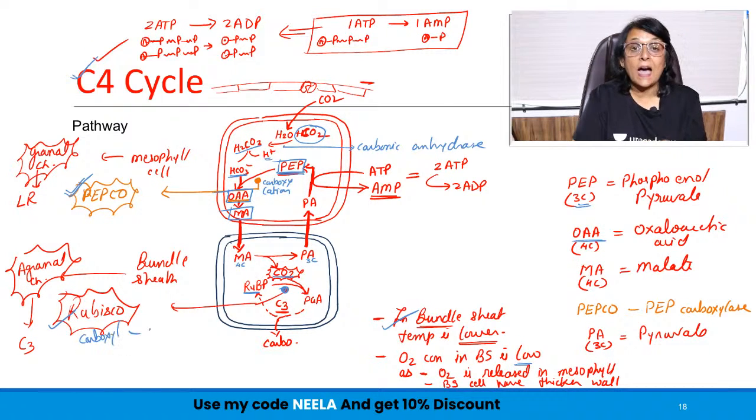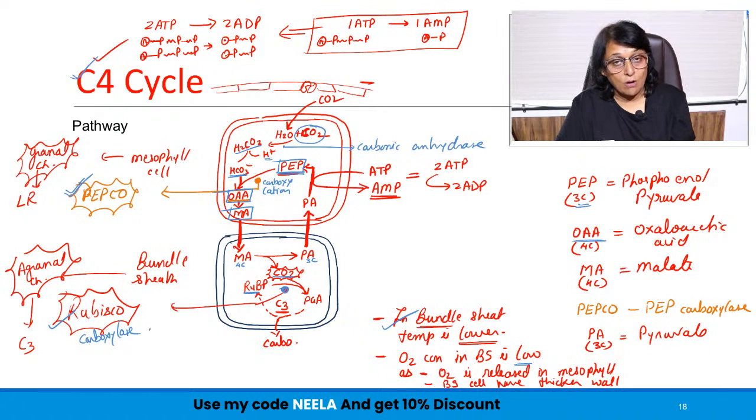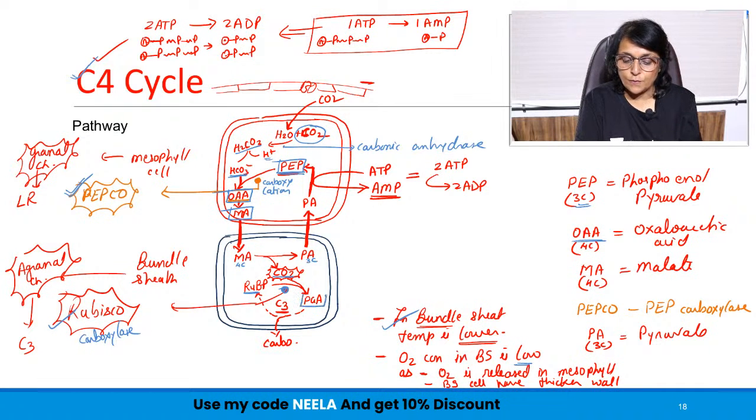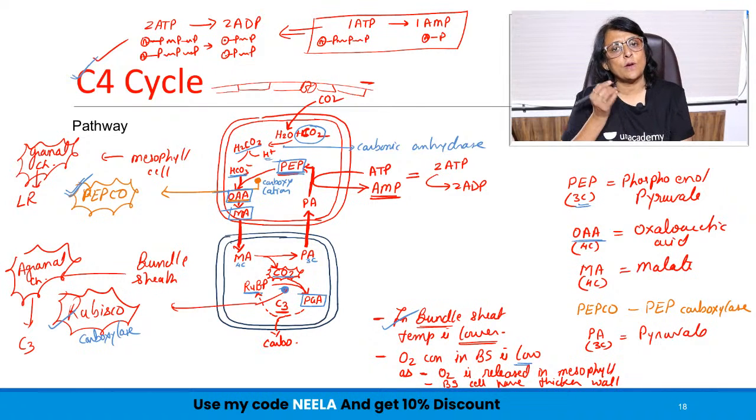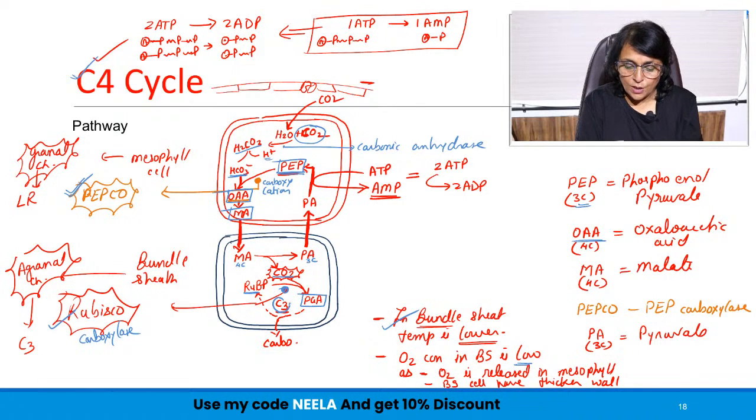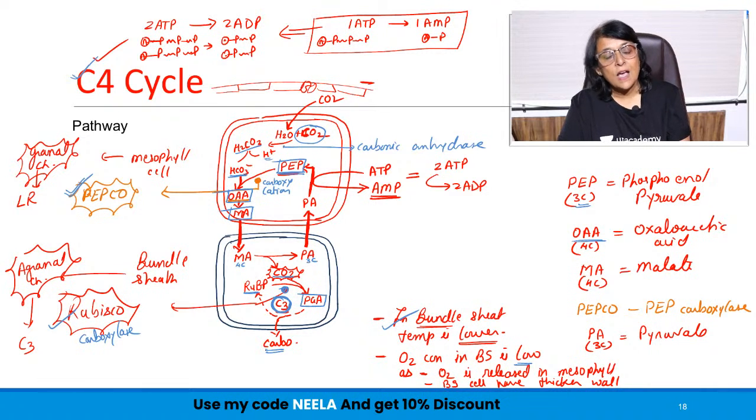And if RUBP undergoes carboxylation, we will get phosphoglyceric acid, then PGAL, same steps of C3 cycle. So here C3 cycle will take place. And in C3 cycle, carbohydrate is produced, RUBP will be regenerated, and Rubisco is going to act as carboxylase.